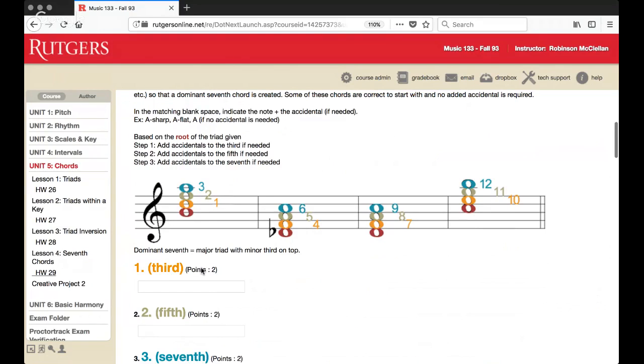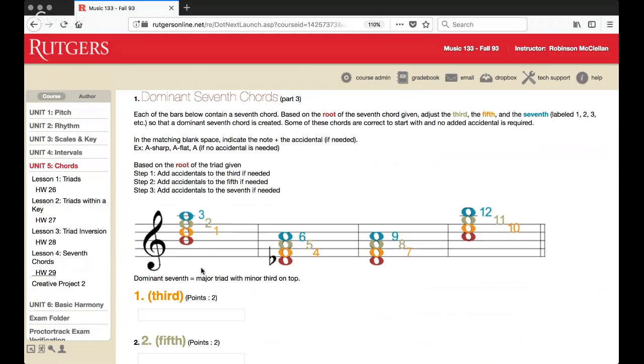And the goal here is to adjust the chord to be the given type if it's not already. And be on the lookout, because some of them may be the correct thing already, in which case you don't need to do anything. In that case, just put the letter name of the note just as is.